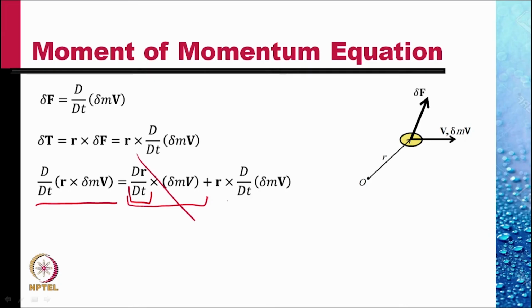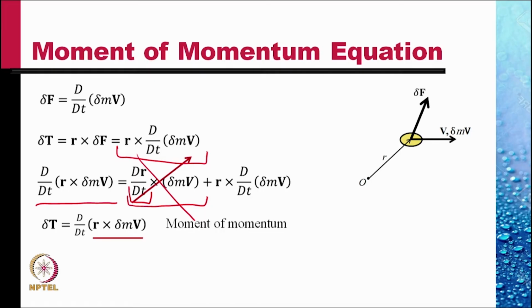So r cross d by dt of delta m v can be replaced by d by dt of r cross delta m v. And if we do this, we get delta T is equal to d by dt of r cross delta m v. This is the moment of momentum.